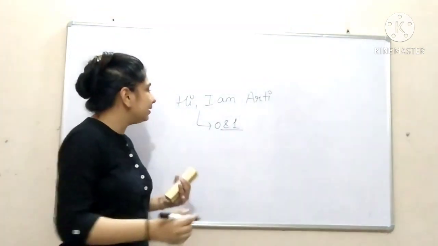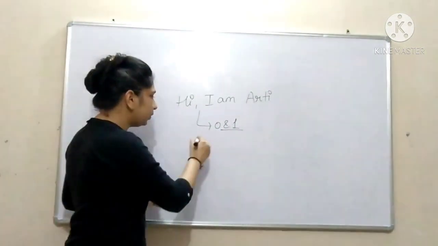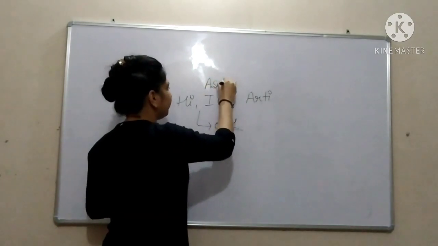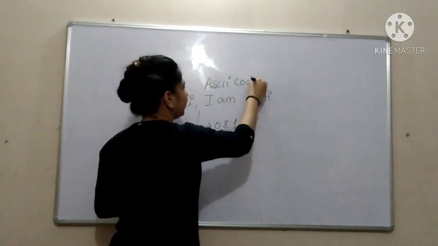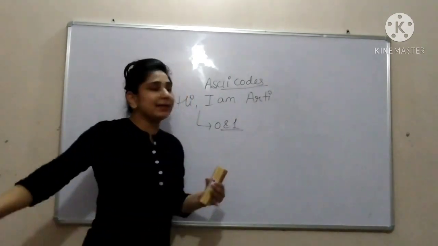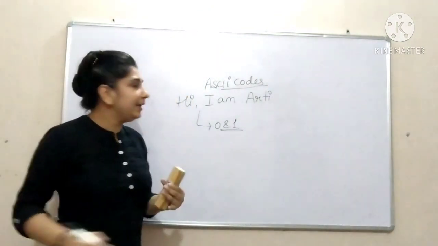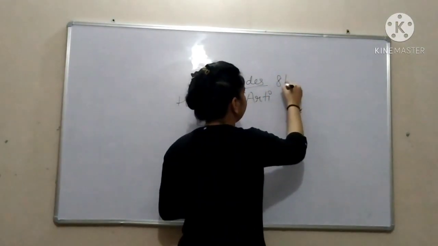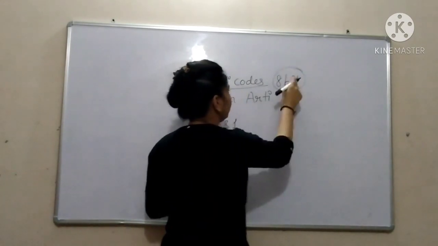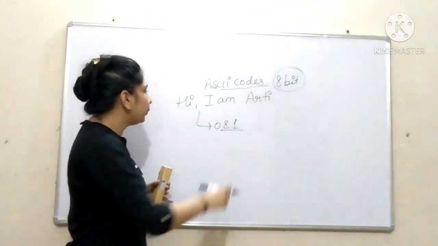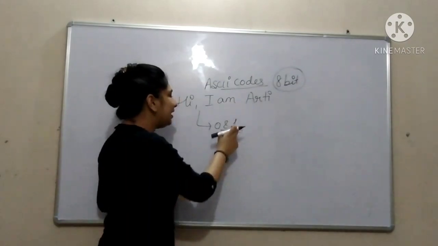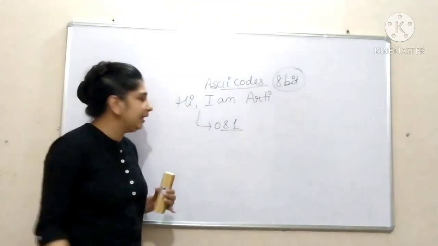There are certain standard codes which are called ASCII codes. These are the standard ASCII codes. It is basically an 8-bit code, with the help of which we can convert our high level language into a binary language.